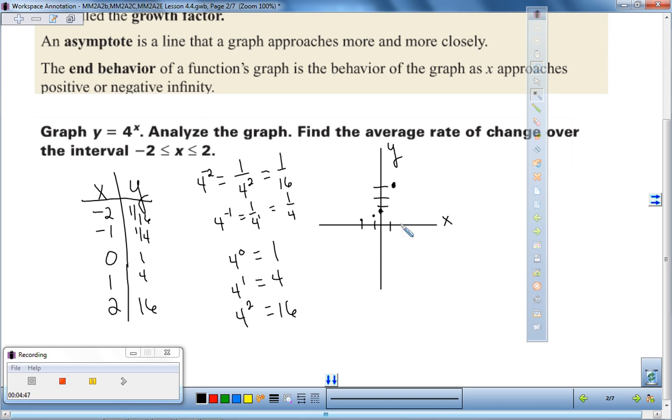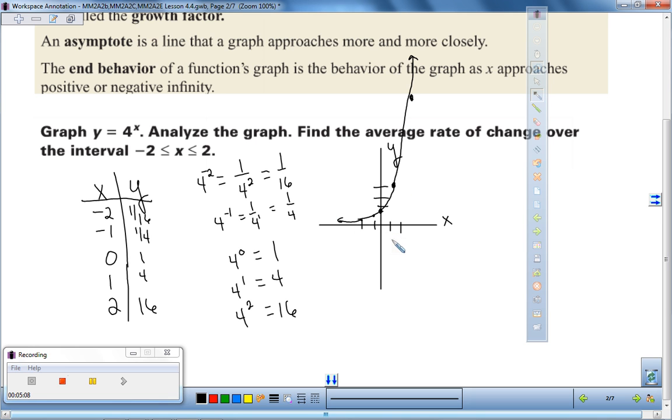And then finally at 2, we jump all the way up to 16, which is going to be somewhere way up in here. So what we're going to do is try to draw a smooth curve. Now it's getting closer to the x-axis, but it's not actually on the x-axis. And then we come up here and we just get really big really fast. And so that's what an exponential function looks like.